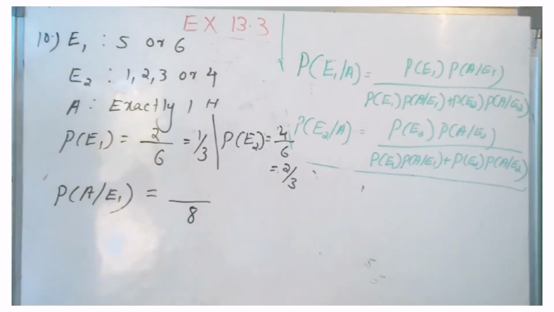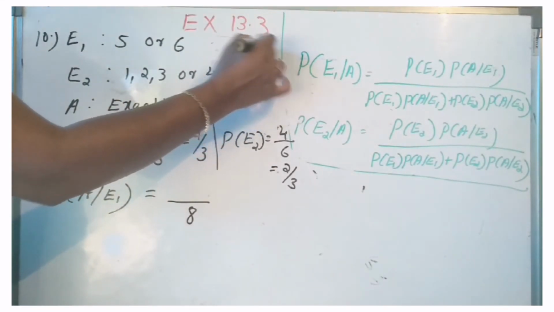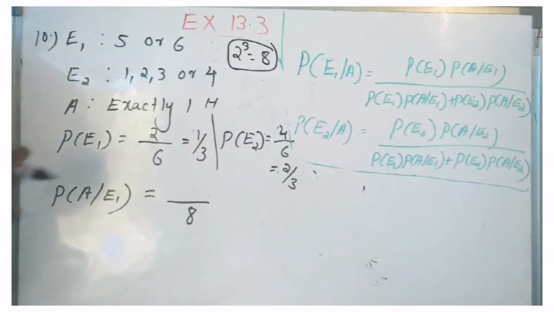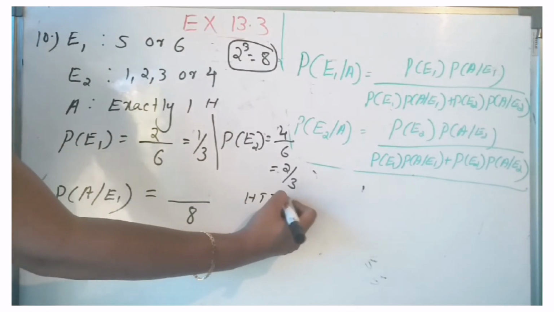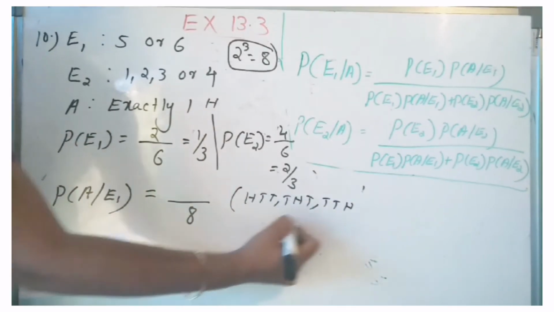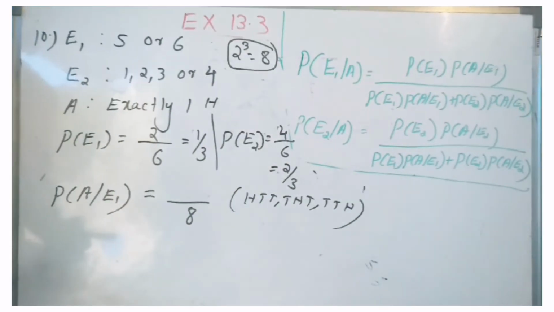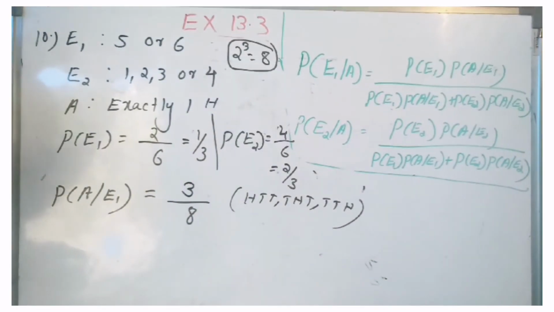Coin tossed 3 times, we will have 2 cube outcomes, 8 outcomes. Now exactly one head, the favorable outcomes are HTT, THT, TTH. So we have 3 outcomes favorable to our event. So P of A given E1 is equal to 3 by 8.